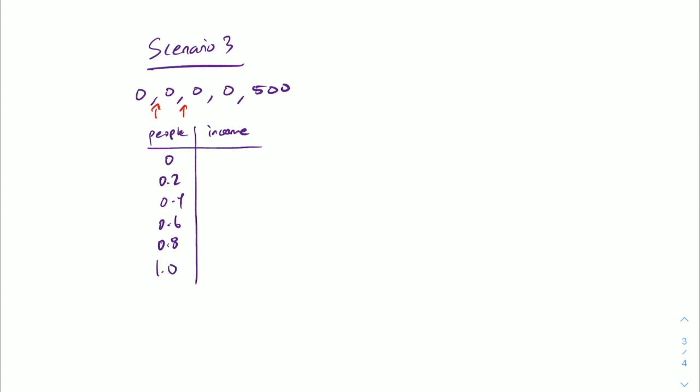So it starts at 0, then 0, 0, 0, 0, and then as we hop past that last person, we gain all the income. So we're at 100% or 1.